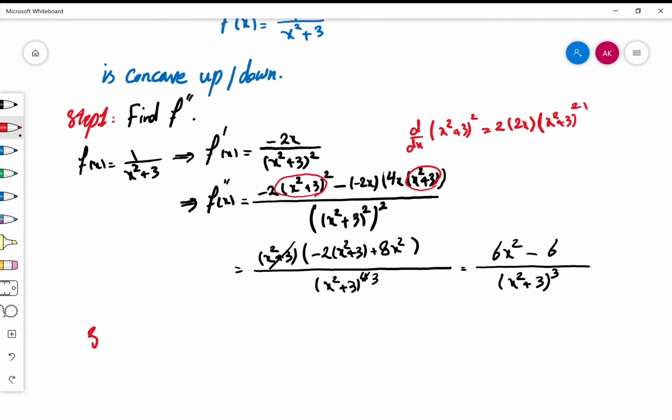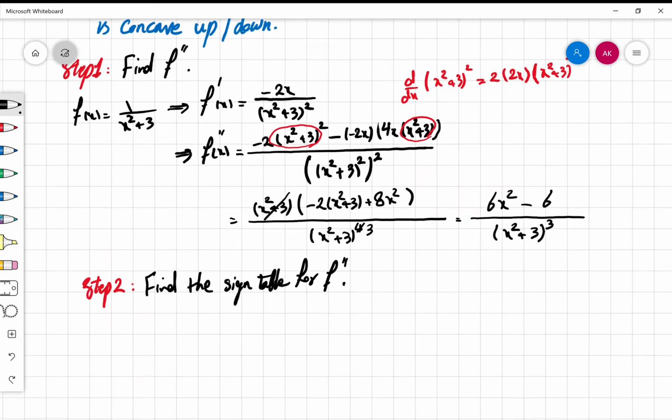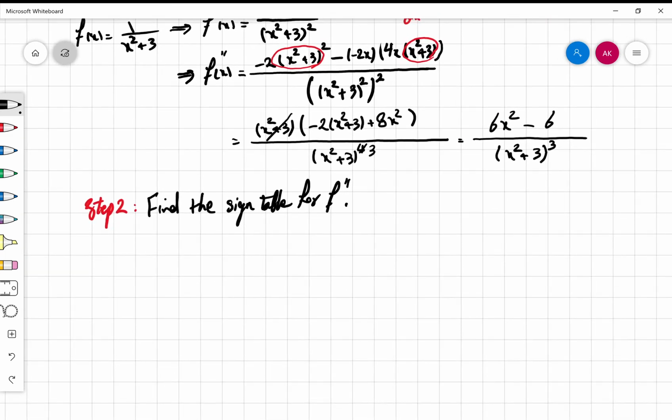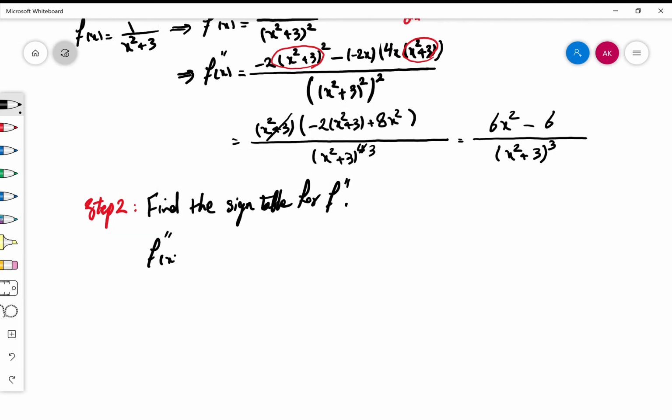Step 2 is find the sign table for f double prime. To start with, I have to set f double prime of x equal to 0.